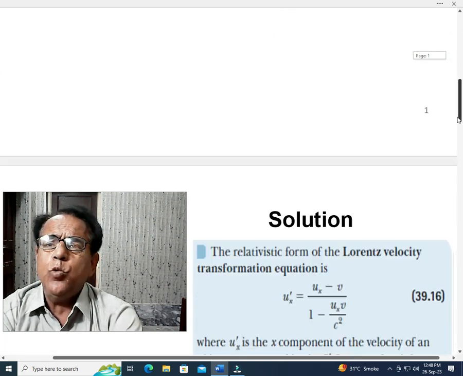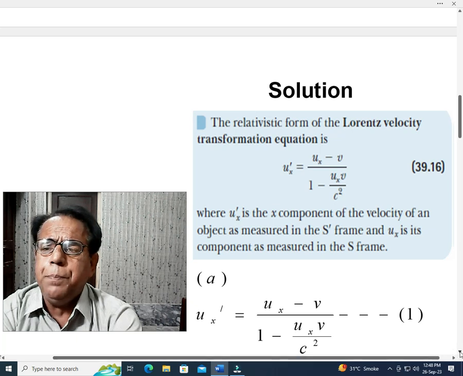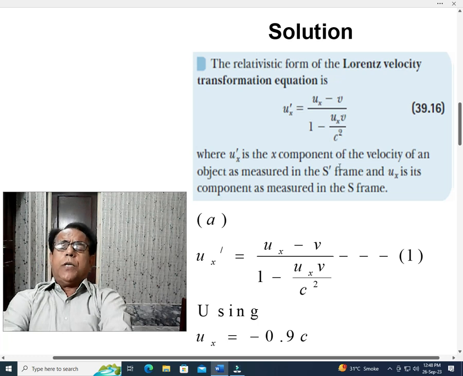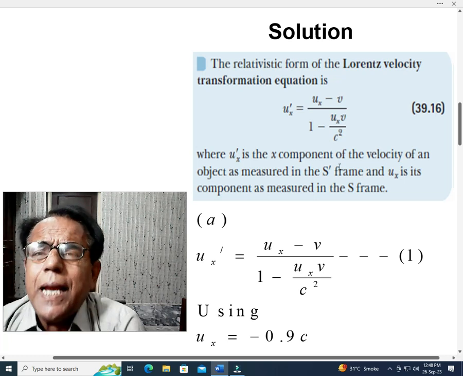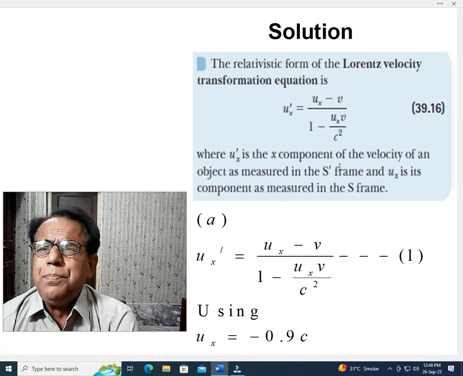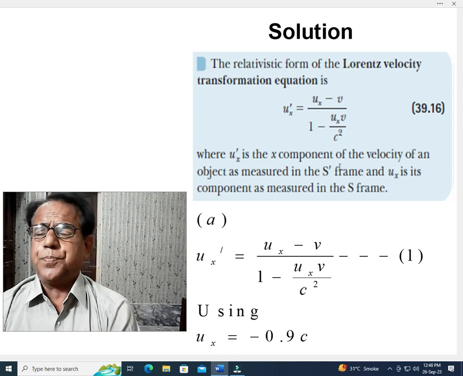Now we move to the solution. Dear students, our solution will be completely based on this snapshot. This snapshot has been chosen from some book, but for the time being I do not remember which book.